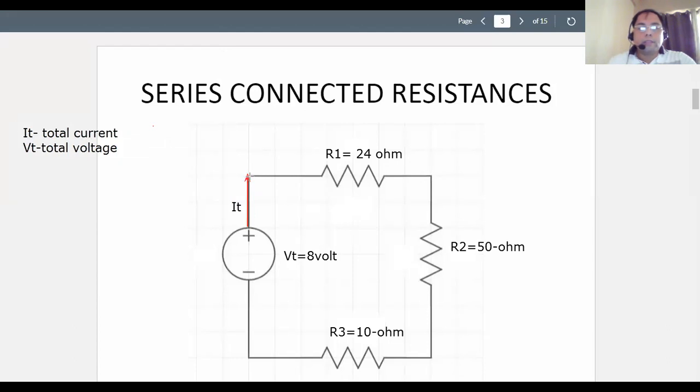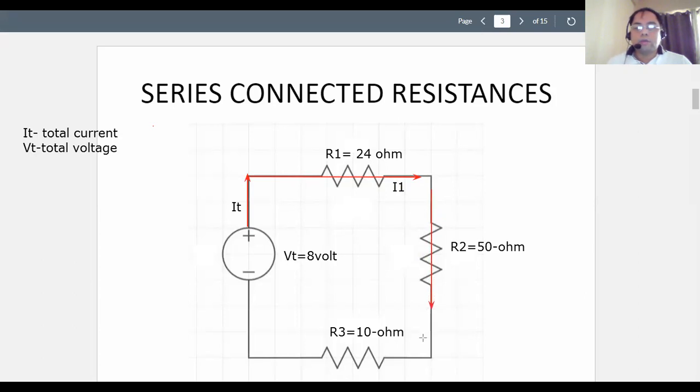Now, as the current goes into our first resistance, it's appropriate to give it a new name, and we will call it I sub 1. I1 is the current passing through resistance 1. As it goes out of resistance 1, it will enter resistance 2.